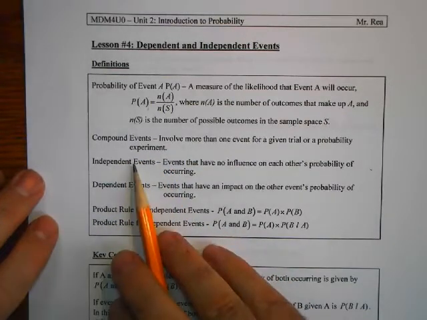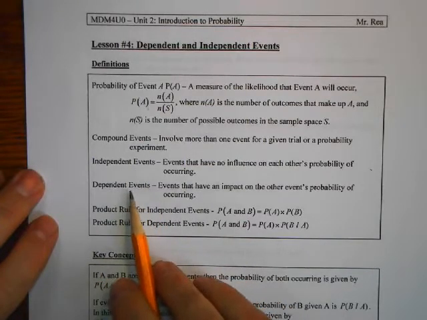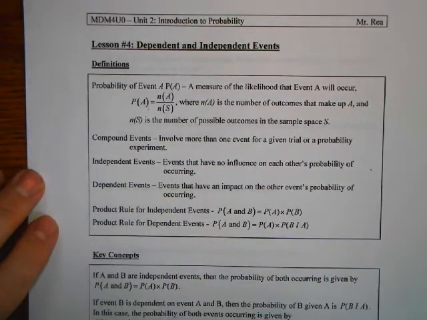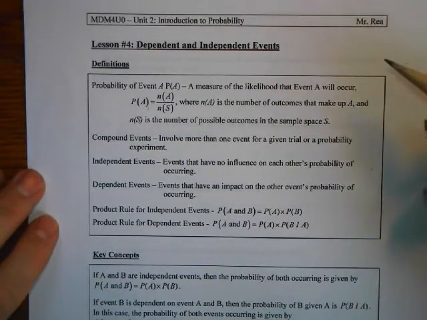Those two events can either be independent or dependent. I'll start with independent. Independent means that the probability of either one happening doesn't depend on the other event happening or not happening. For example, you could have the probability of choosing a heart from a deck of cards and the probability of flipping a head when you flip a coin.